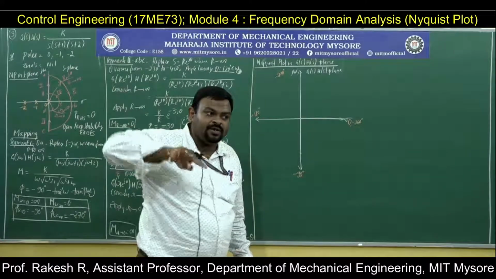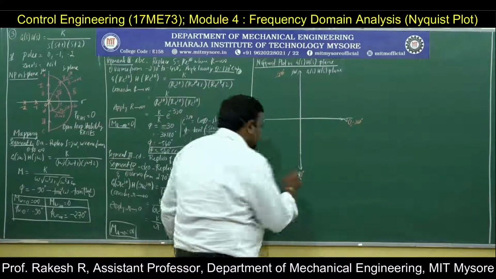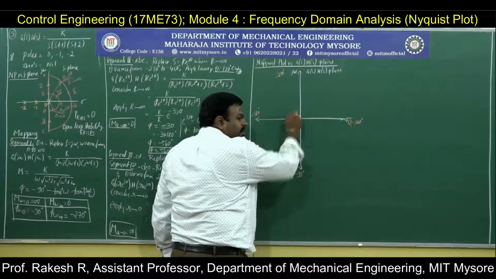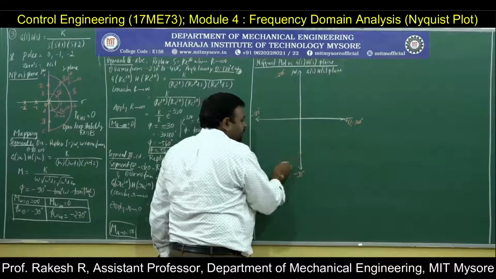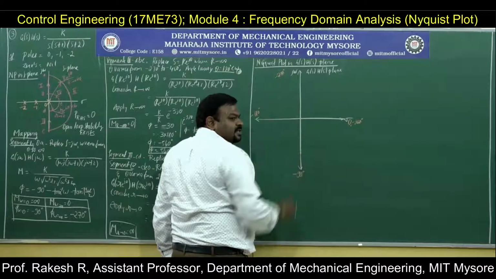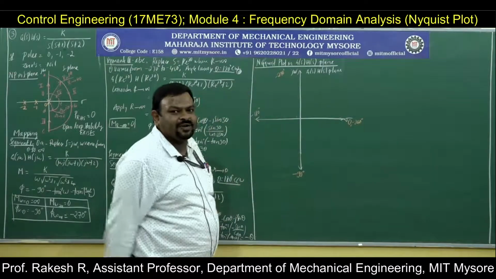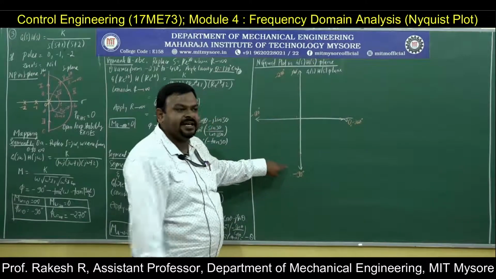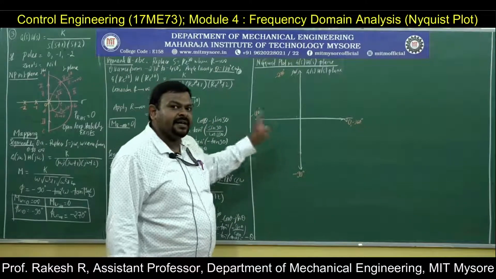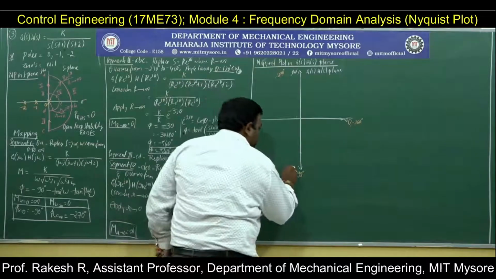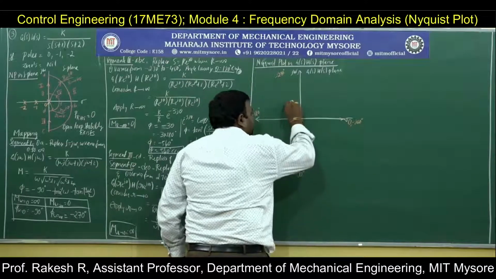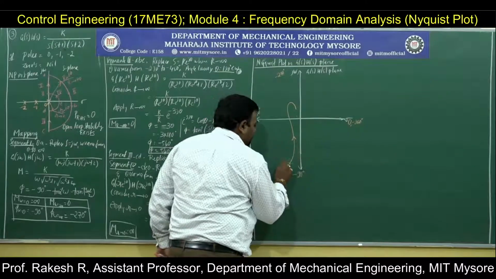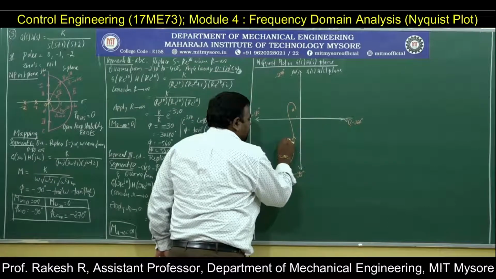Minus indicates the plot should go in clockwise direction. So here there might be chances of going like this or going like this. So if you take like this, it is counterclockwise direction. The plot should go in clockwise because the angle coverage minus 270 minus of minus 90, it is minus 180 degree. Minus indicates clockwise. So this is the correct plot. So this is OA. This is the first segment.